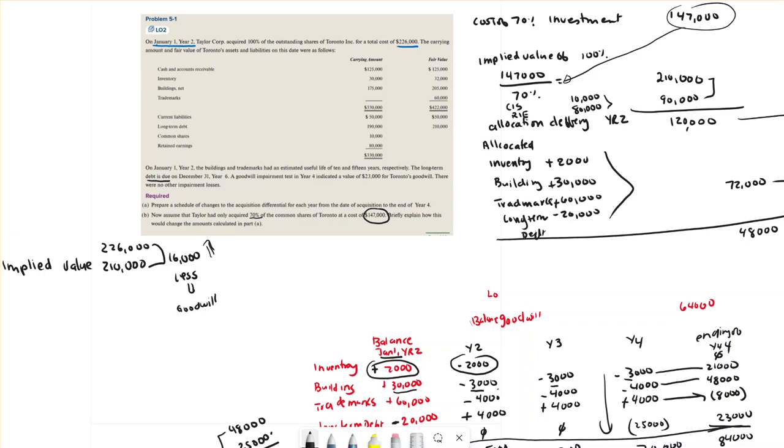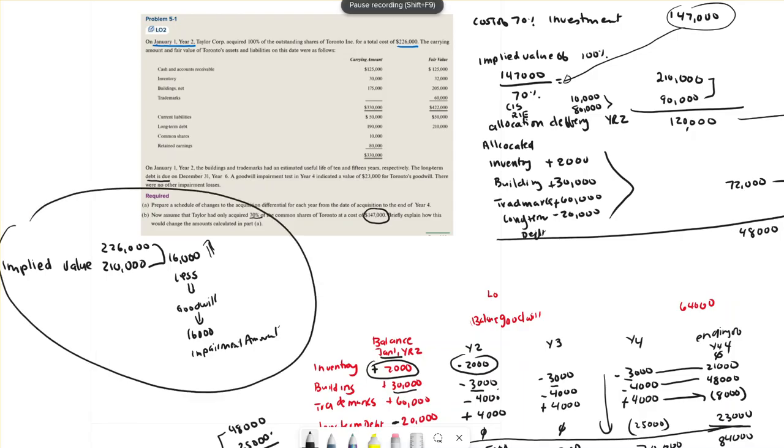How is it going to be impacted? My goodwill will be lower by 16,000, and it is going to impact my impairment amount too. So that's what the impact is. So if you were to explain, this is what you're going to have. If implied value is less, it's going to impact your goodwill.